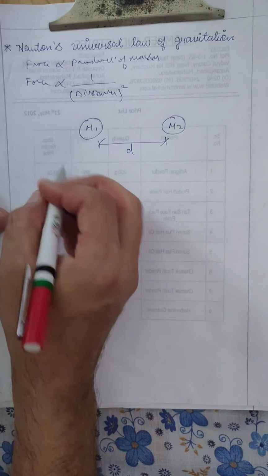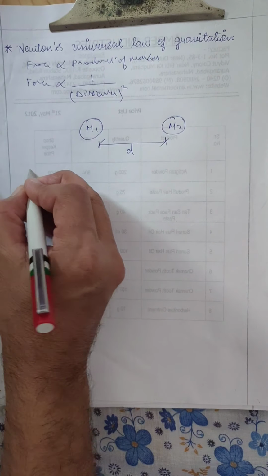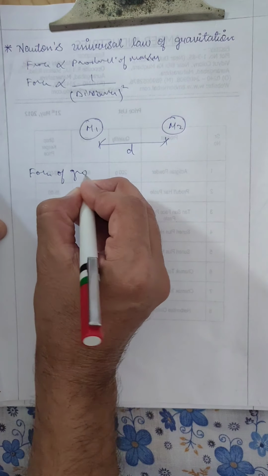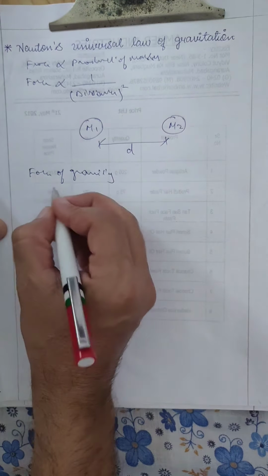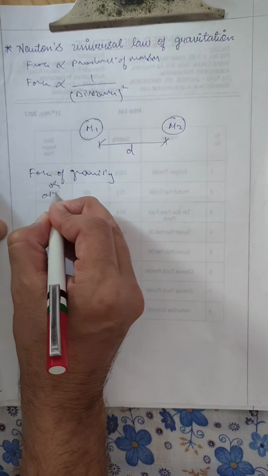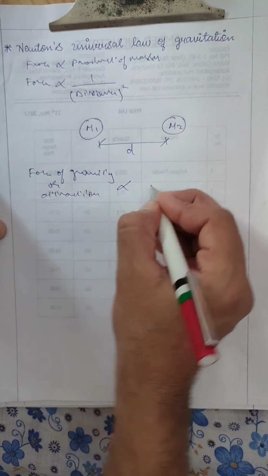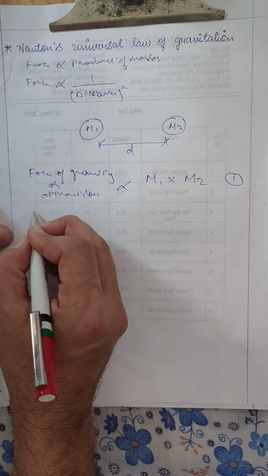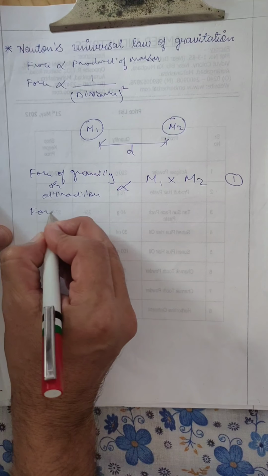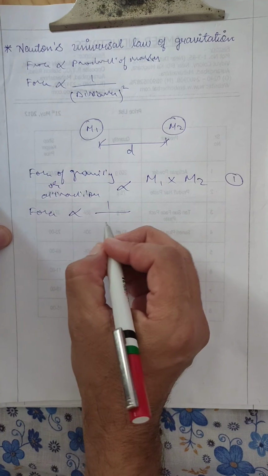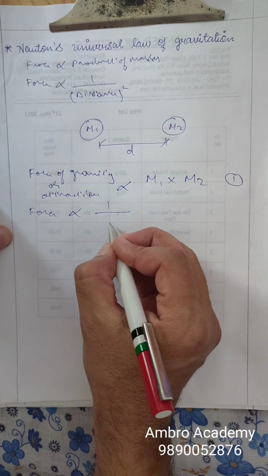Then according to Newton's law, the force of gravity or attraction is directly proportional to the product of their masses. That means m1 into m2. This is equation 1. And equation 2 says that force is directly proportional to 1 upon distance square. Distance is d square.